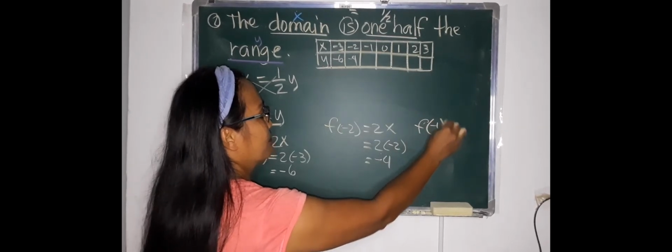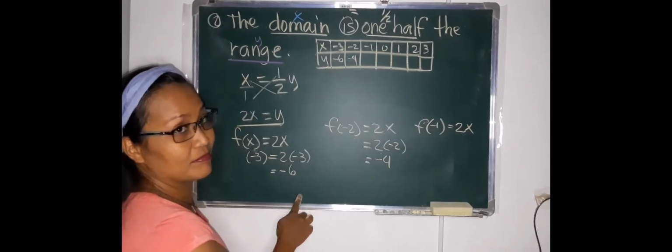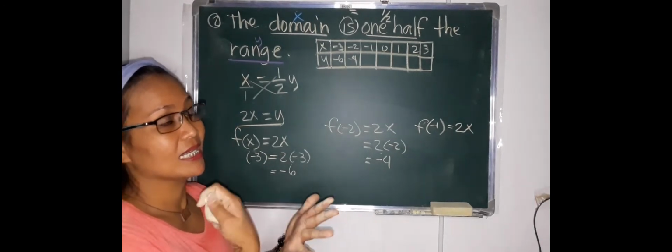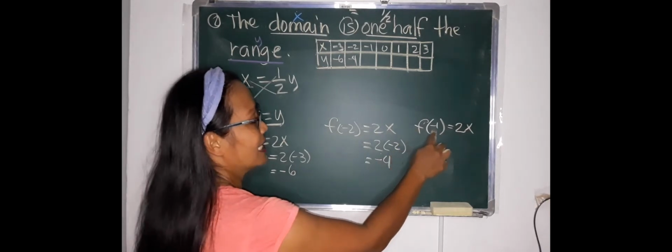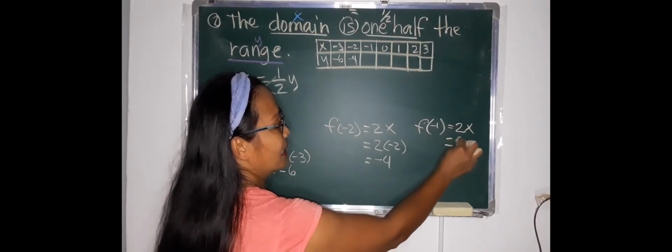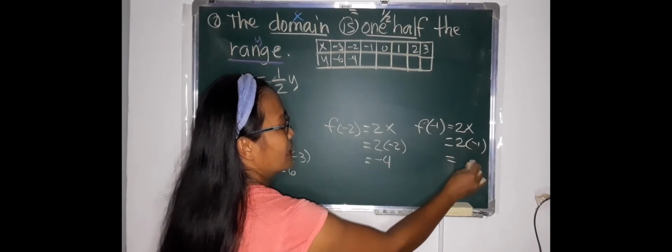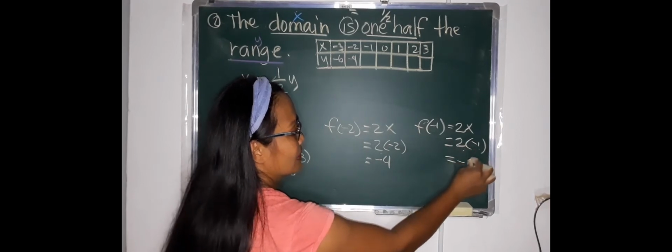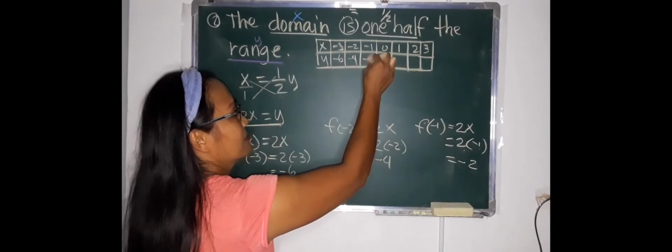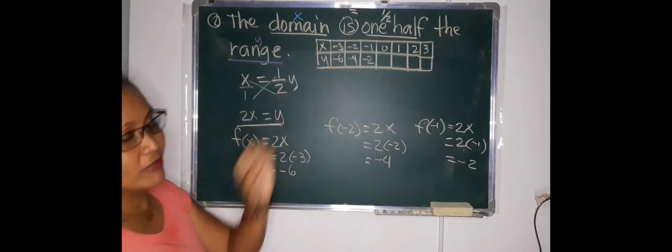Okay, gaya ng sinabi ko kanina, okay na itong dalawa. Pero i-check natin para ma-clarify kayo. Baka sabihin nyo, nanloloko lang ako. So, lahat ng x, palitan ng negative 1. So, 2 times negative 1, positive times negative, negative. 2 times 1 is 2. So, negative 2.